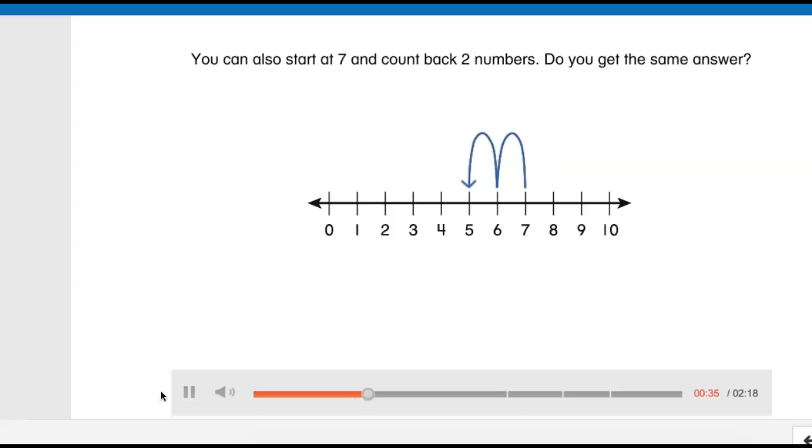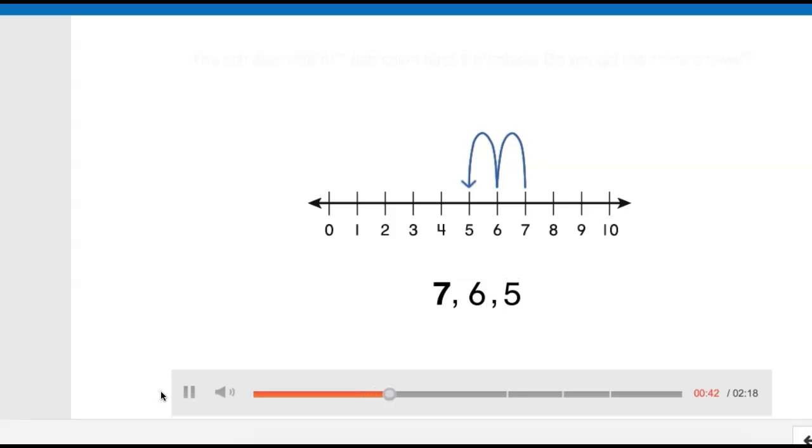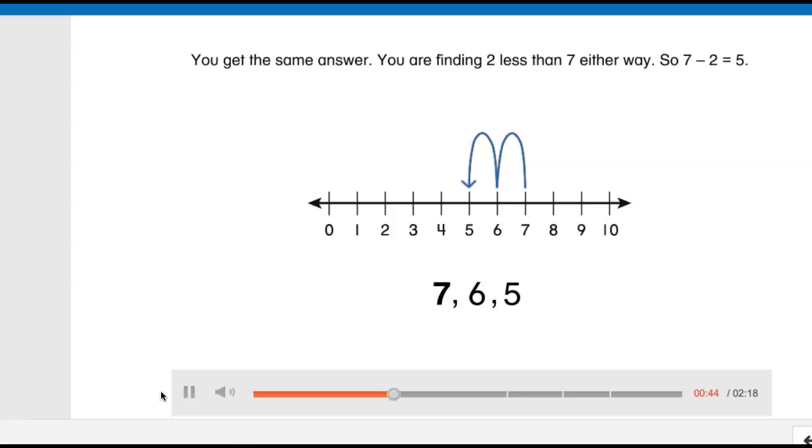You can also start at 7 and count back 2 numbers. Do you get the same answer? You get the same answer. You are finding 2 less than 7 either way. So 7 minus 2 equals 5.